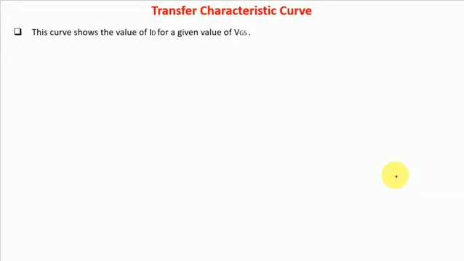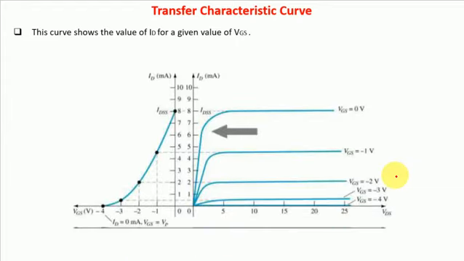How much current will be at the output side at a particular gate to source voltage, and how much current will be at the output terminals. This is called a transfer characteristic curve, and the transfer of input voltage to output will be taking place in this condition.